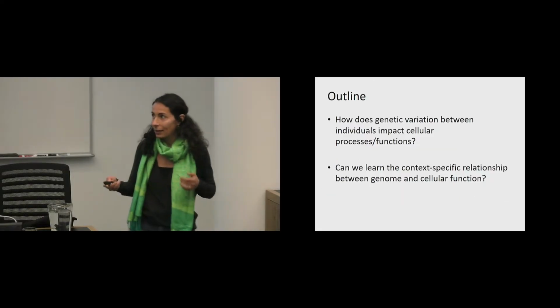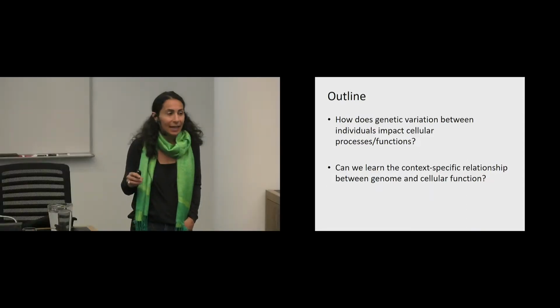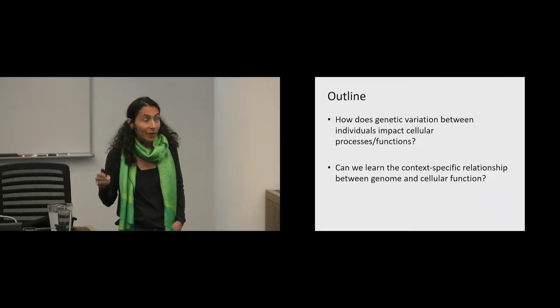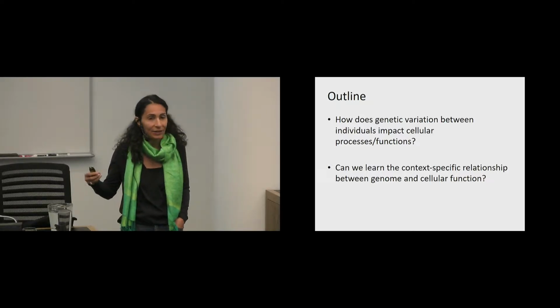So in this talk, I'm going to tell you about two projects along the themes of relating genome to phenotype. The first part is very statistical, and here the idea is how do we combine genetic variation across a large number of individuals to understand the function of genetic variation in the context of different environmental exposures or different cell types.